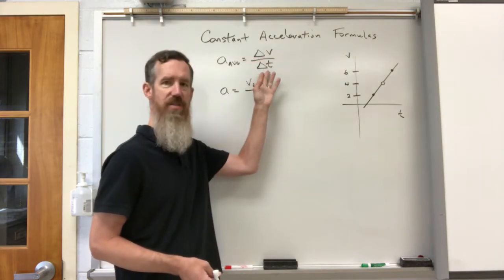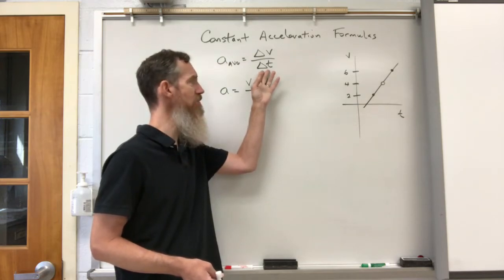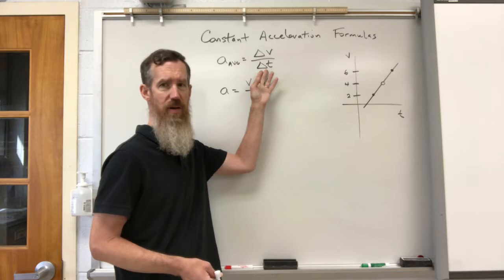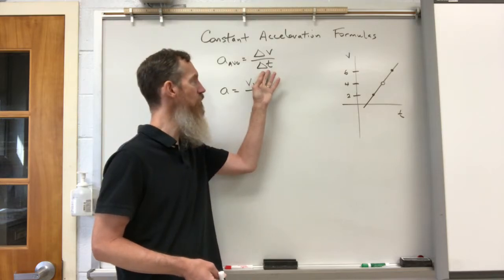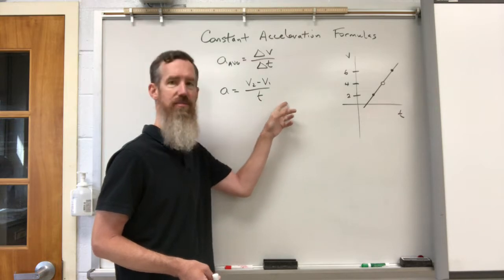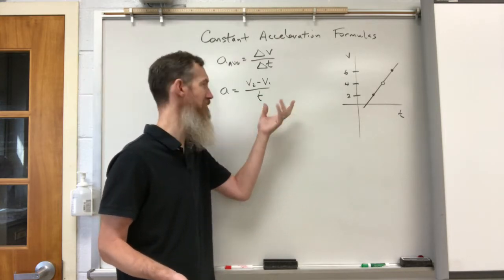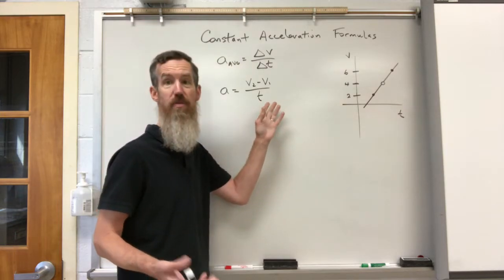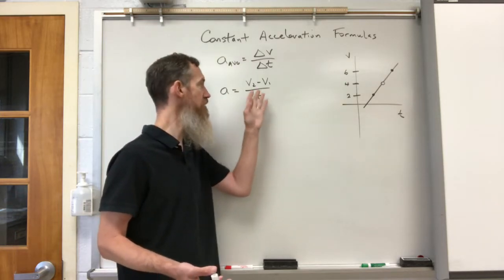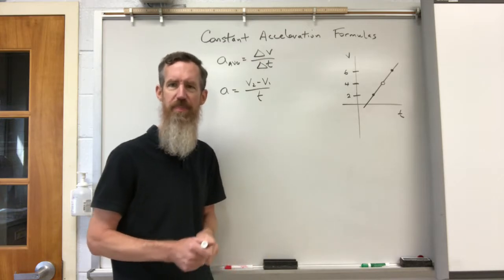And since we always start at time 0, we're just going to call our time t, because t2 minus 0 doesn't make any sense. So I'm just going to call the amount of time traveled t. And this is going to create a bit of a shortened version of the average acceleration formula.